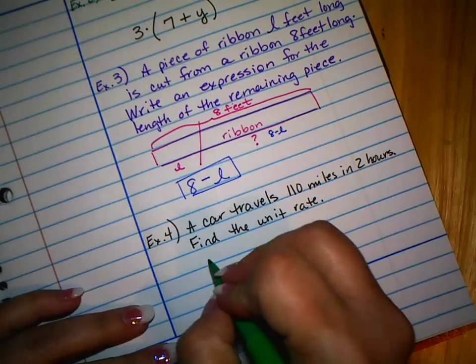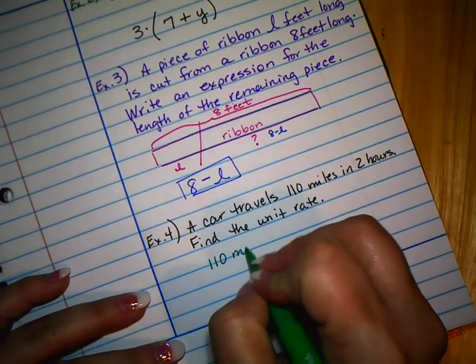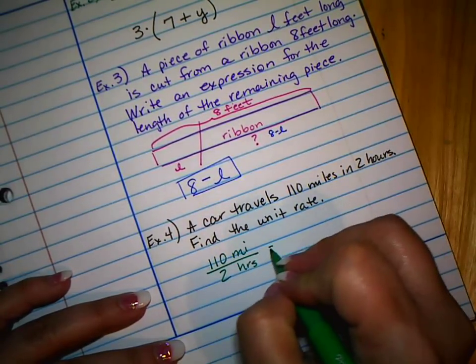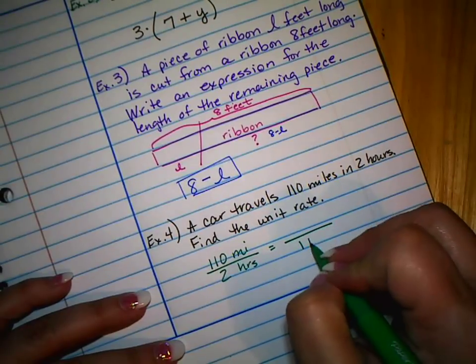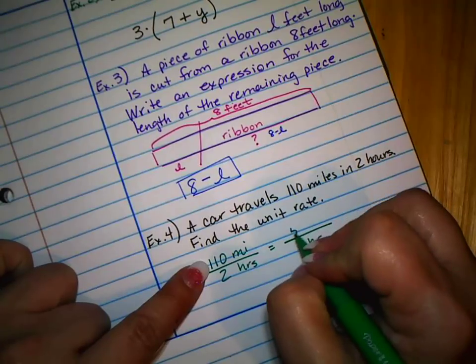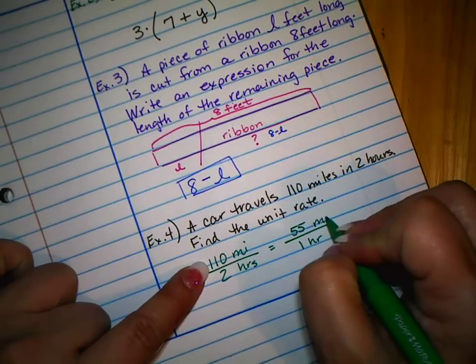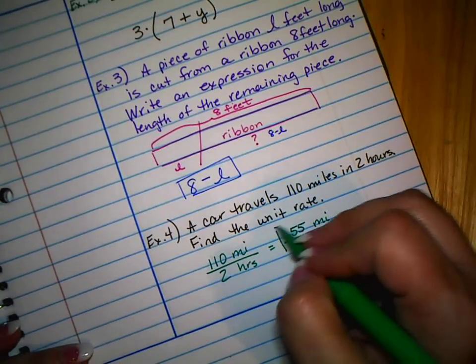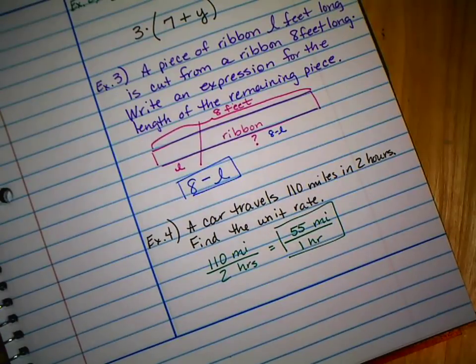Well, we did 110 miles in 2 hours. Well, in 1 hour, I will have done half that distance, so half of 110 is 55. So there is our unit rate.